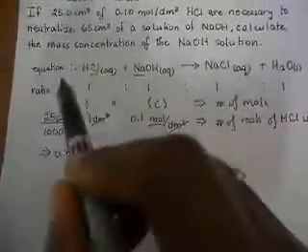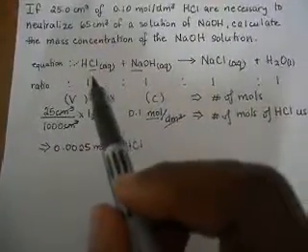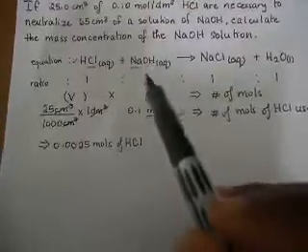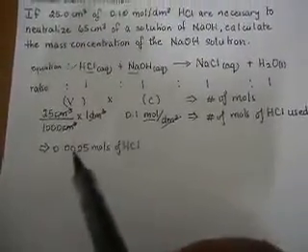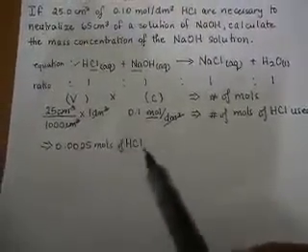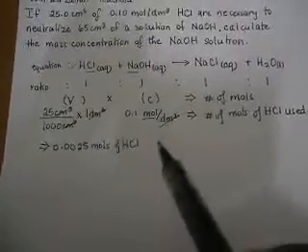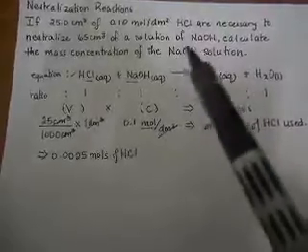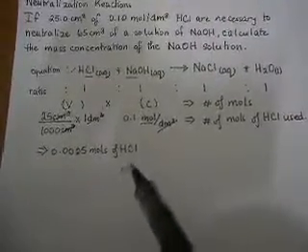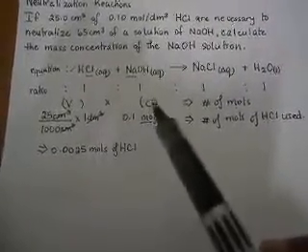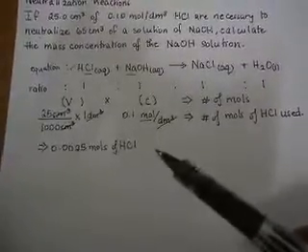Now from the equation above, we know theoretically 1 mole of HCl reacts with 1 mole of sodium hydroxide. So if we have 0.0025 moles of HCl neutralizing 65 centimeters cubed of sodium hydroxide, and it's a 1 to 1 ratio, we would have the same amount of NaOH. Let me write that down now.